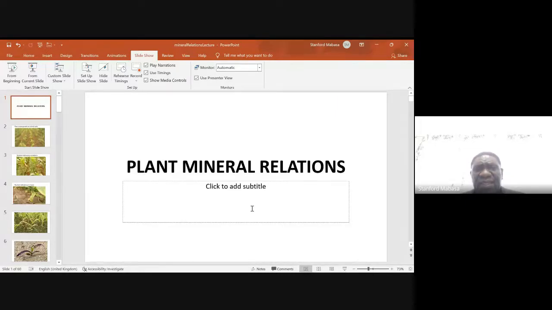You could be aware that farmers could be currently applying ammonium nitrate as top dressing. And we know ammonium nitrate contains nitrogen, which is essential for plant growth. Apart from nitrogen, there are other elements which are quite important for plant growth. So these are the plant minerals which we are going to talk about this afternoon.